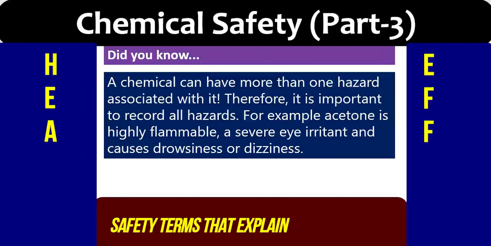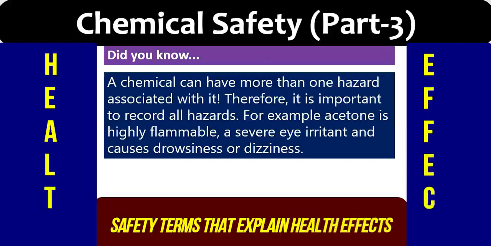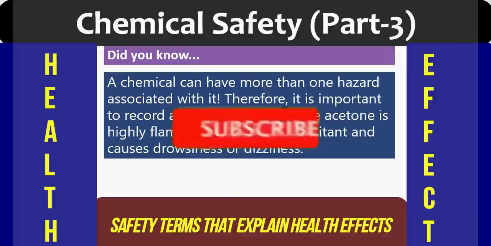Do you know a chemical can have more than one hazard associated with it? That's why it's important to record all hazards. For example, acetone is highly flammable, a severe eye irritant, and causes drowsiness or dizziness. So you cannot mention only that acetone is flammable. You have to mention it is an irritant and can cause dizziness.